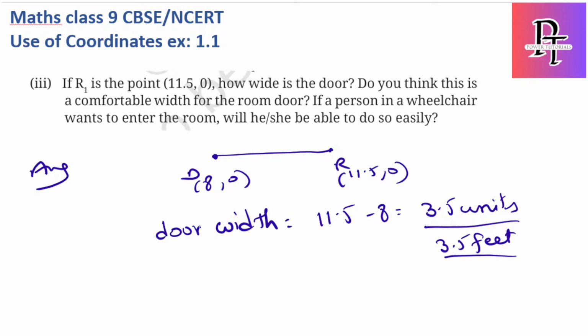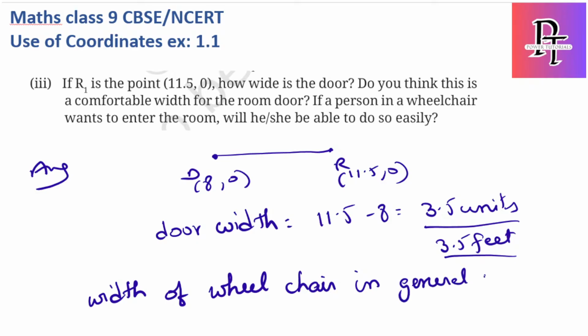I have just confirmed that the width of a wheelchair in general is 2 to 2.5 feet. So yes, the door is 3.5 feet, so it will enter easily. Will he or she be able to enter easily? The answer is yes, because in general the wheelchair is 2 to 2.5 feet wide, whereas the width of the door we found is 3.5 feet. So it will easily cross it.